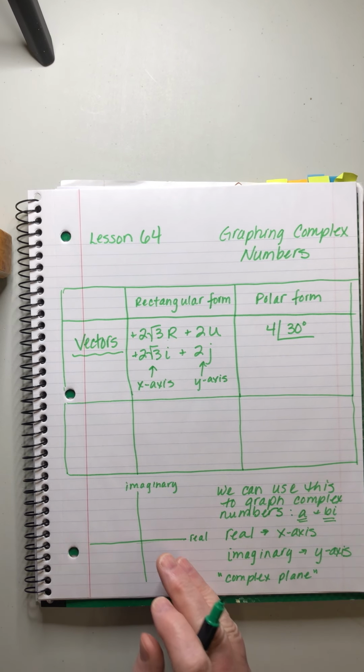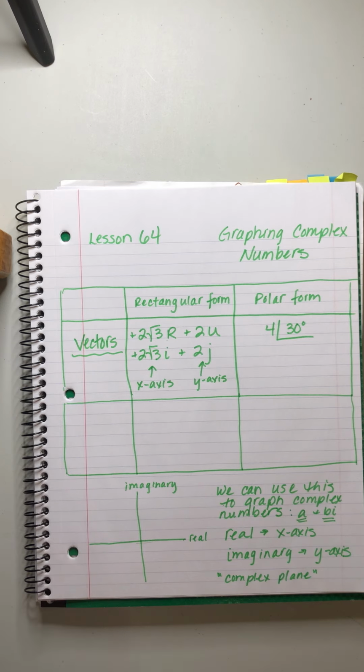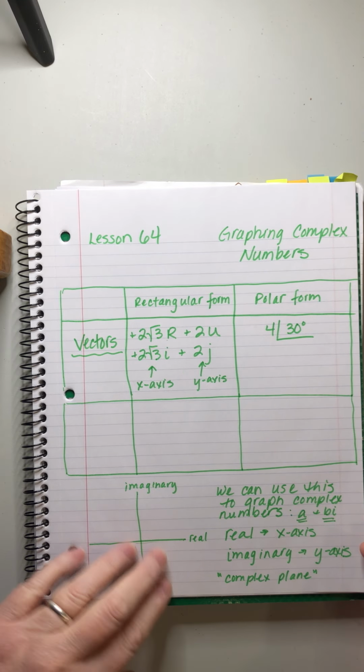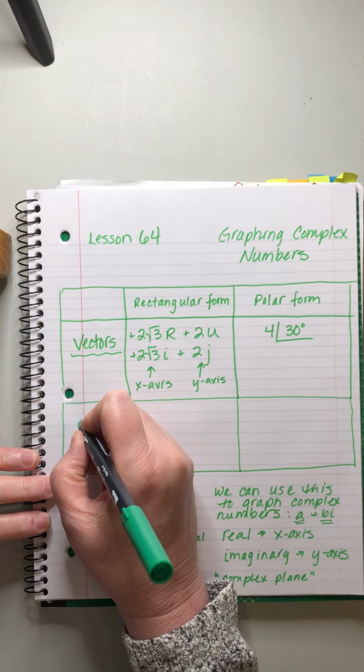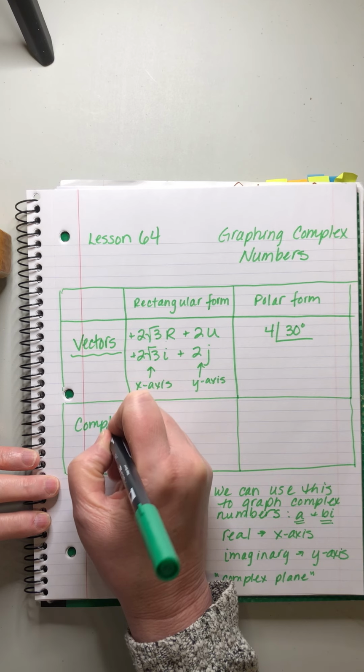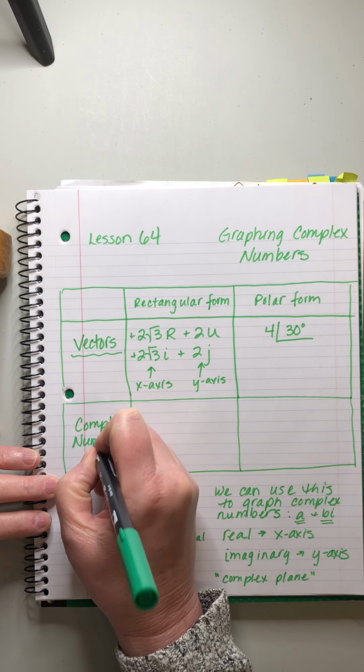If we're doing just regular numbers like vectors, if you will, we usually call it the rectangular coordinate system or the Cartesian coordinate system. You've probably heard those names. We just call it the complex plane when we're using it for this purpose. Where it gets wonky is when we straighten out the notation. Okay.